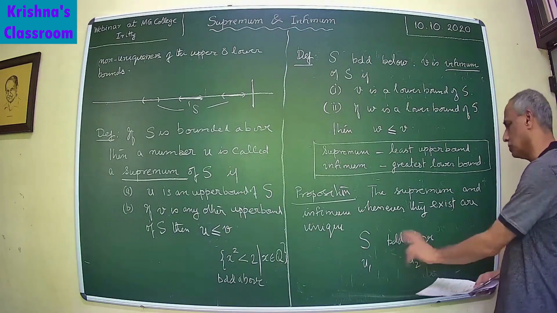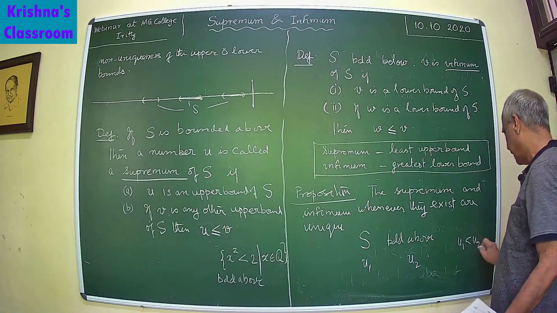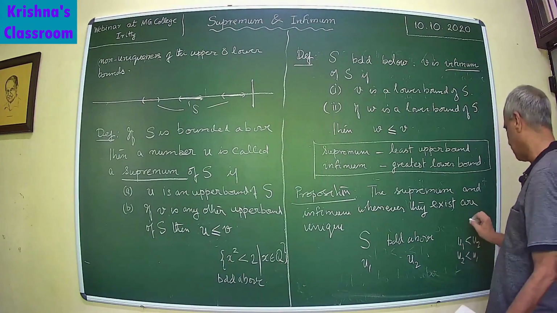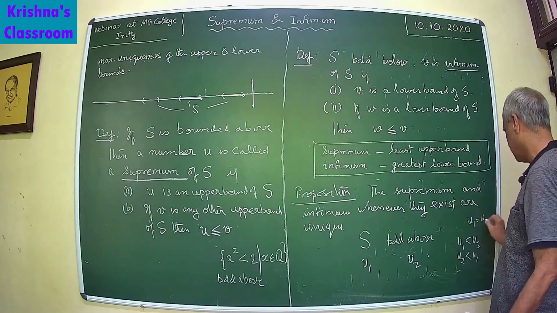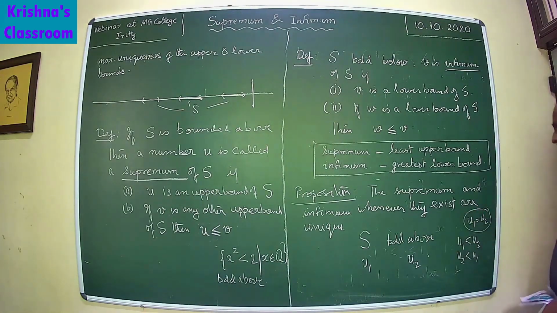You show that both U1 less than U2 and U2 less than U1 are not possible. Therefore, the only possibility is that U1 equals U2. Why is it so? Suppose U1 is less than U2. Then U2 is an upper bound, but that is not a least upper bound because there is U1 below that.